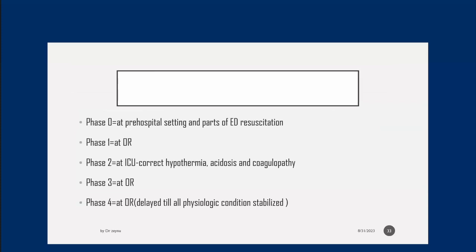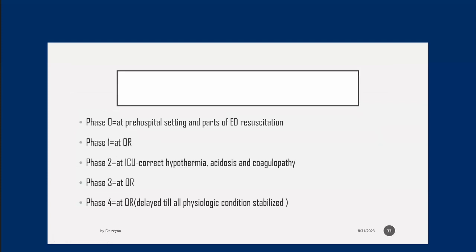And during this time, airway control and intubation should be done in the emergency department, or if EMS is available, it is also possible in the peri-hospital setup, and initial resuscitation should also be started here.